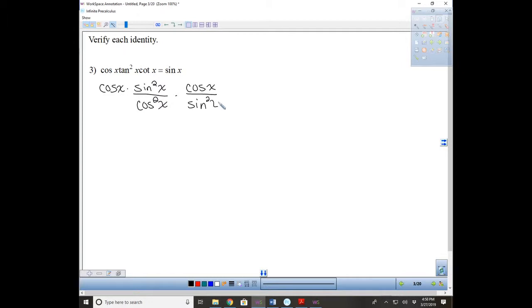If I actually multiply it across so that we can see it better, cosine times cosine would give me cosine squared. And then I'd have the sine squared all over cosine squared times sine.